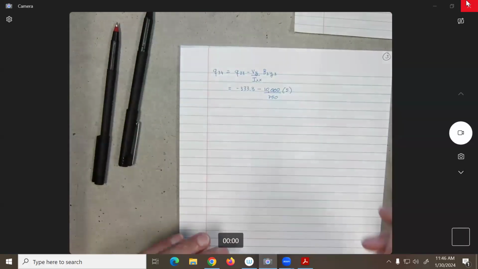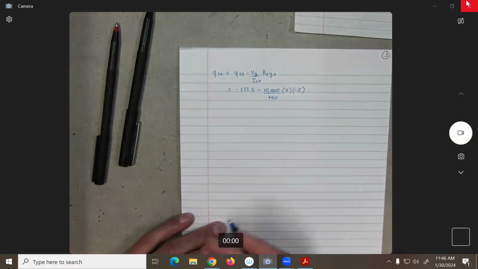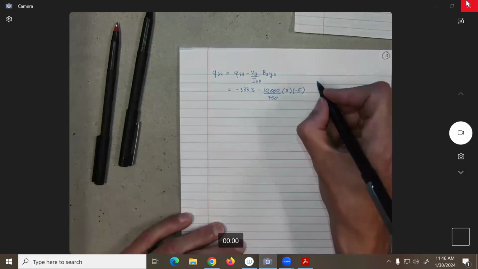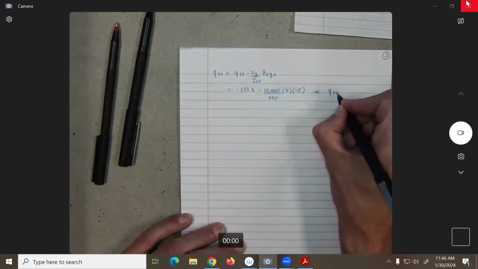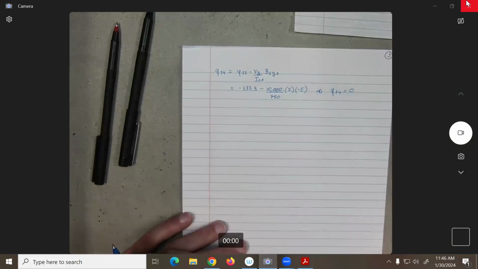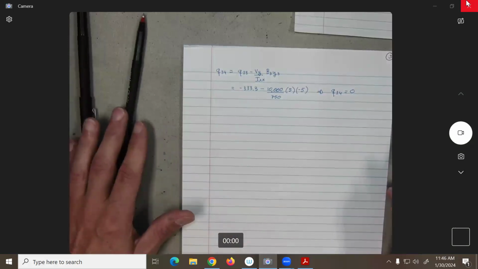Minus 5. So basically it's the same as before, but with a minus 5. So this is going to mean that Q34 will be equal to what? 0. Yeah? Okay, I'm not asking now, I'm going to ask you at the end if you think that makes sense or not.